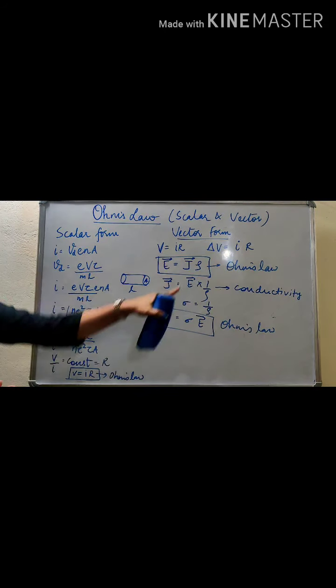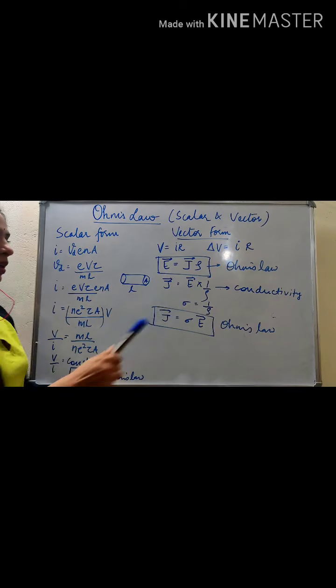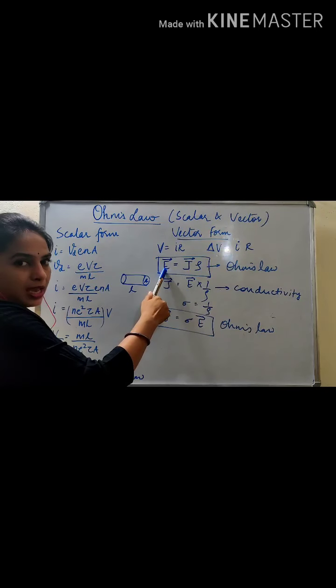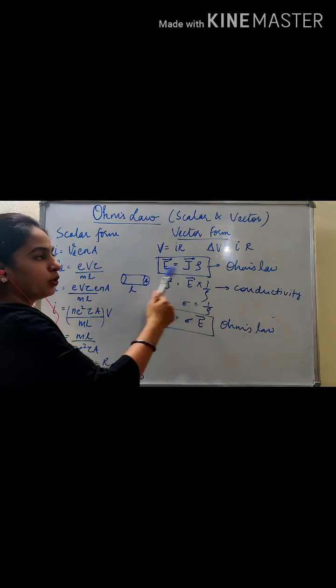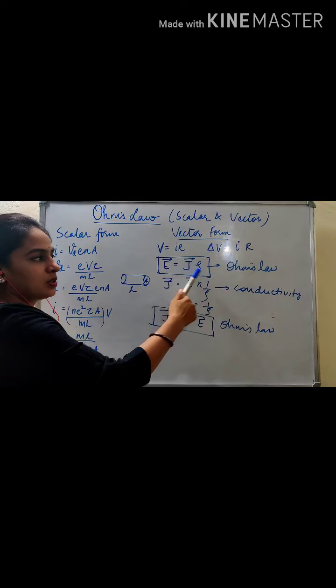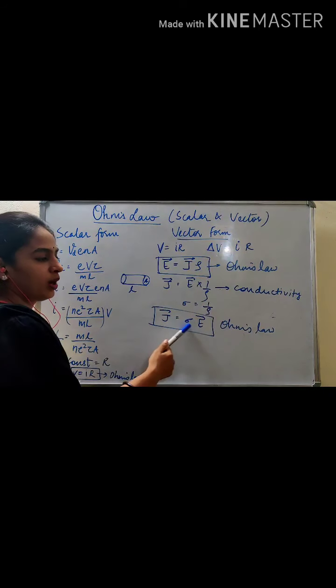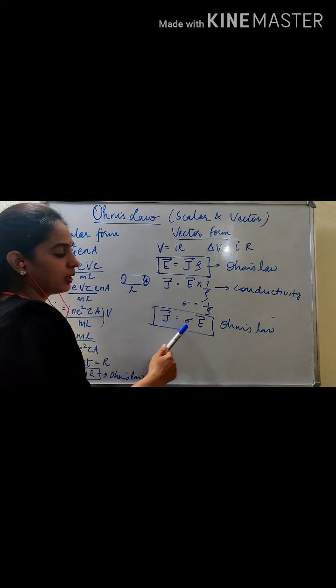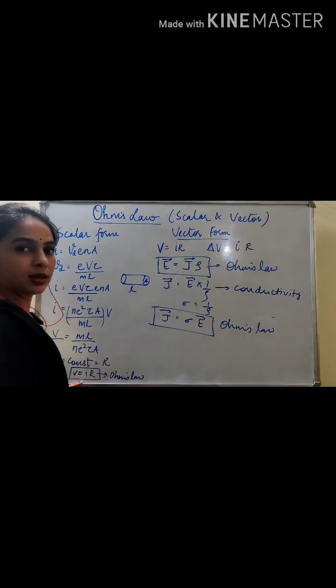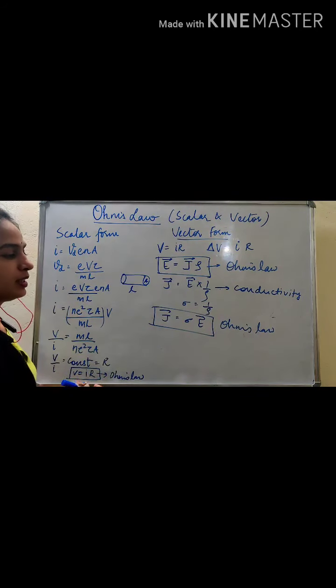If you have resistivity, current density and electric field, you can express Ohm's law as E is equal to J rho. If you have conductivity, then you can write J is equal to sigma E. These are the two forms of Ohm's law in vector form.